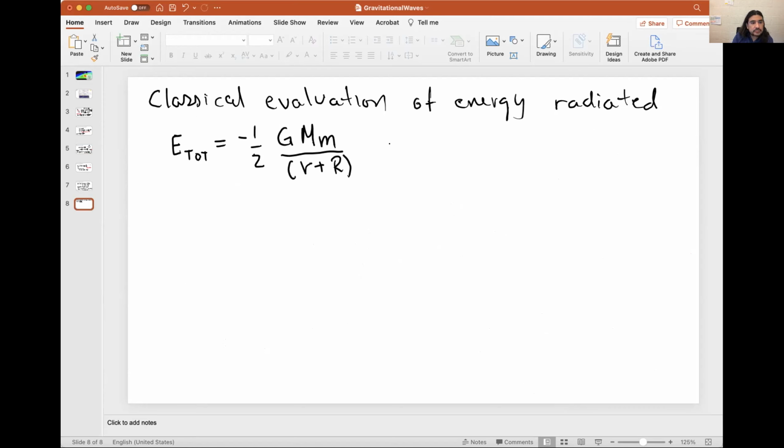So let me use the other equation, which is r plus big R is equal to 2G over c squared, M plus little m.